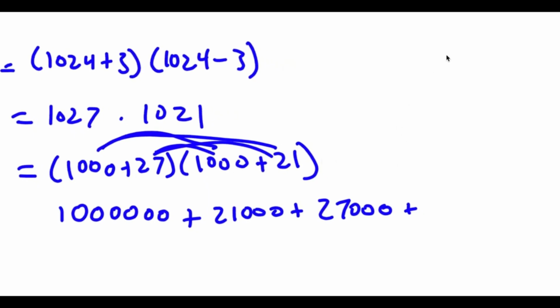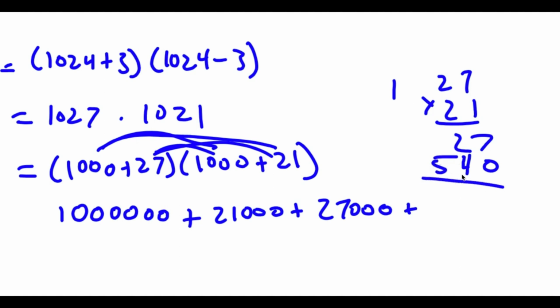And 27 times 21, let's do that right here. 7 times 1 is 7. 1 times 2 is 2. 2 times 7 is 14. And 2 times 2 is 4. 4 plus 1 is 5. So now if I add these, I get 567.